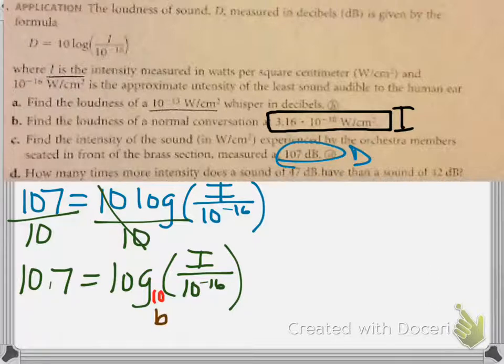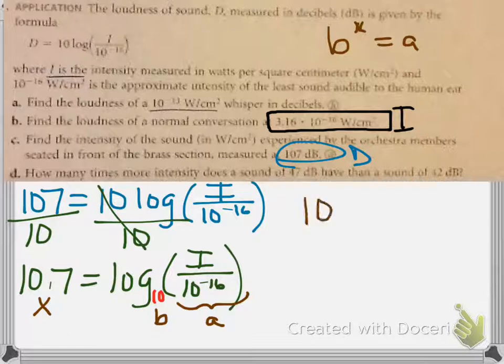Whatever it's the log of is always a. So this whole thing is going to be a, and it's always equal to x. So now when I put this in, b to the x power equals a, I will have 10 to the 10.7 power equals I divided by 10 to the negative 16th.